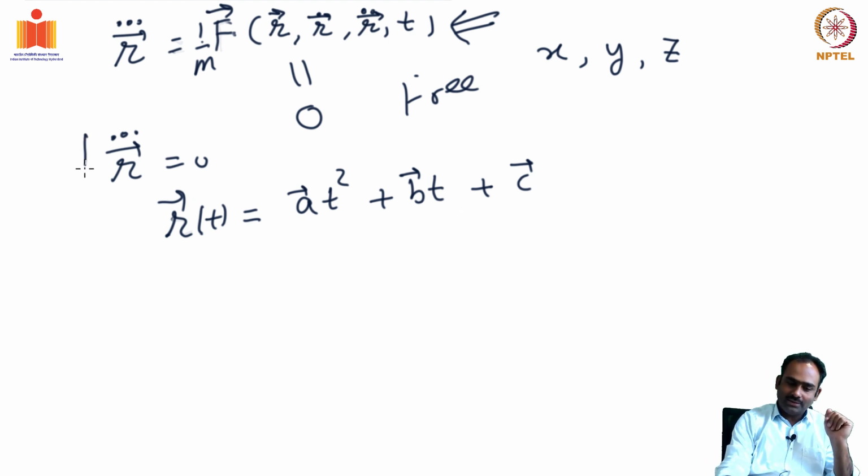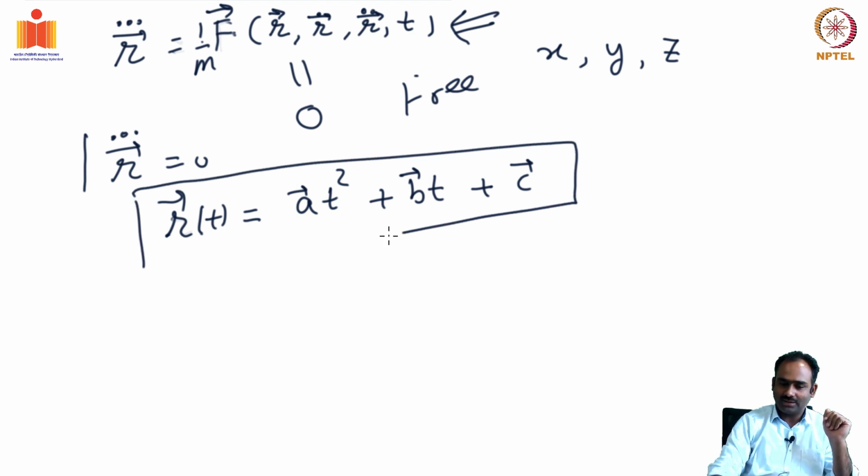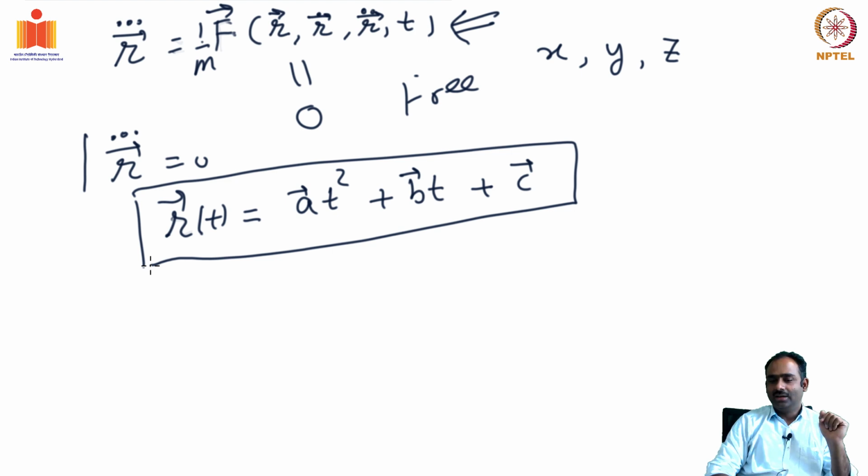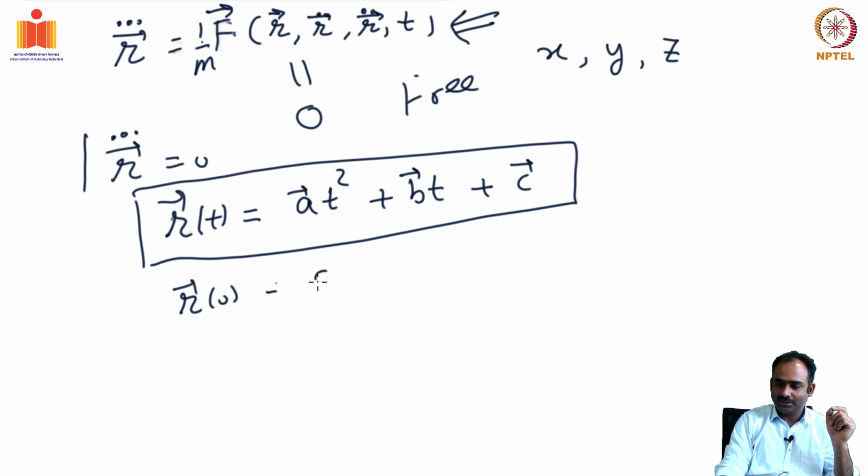Coming back to this, if you solve it, you'll get such a result after integrating. And clearly, if you choose the particle to be at rest at time t equal to 0, you put r of 0, that would be your C. So this you can fix by telling where the particle is located at time t0.